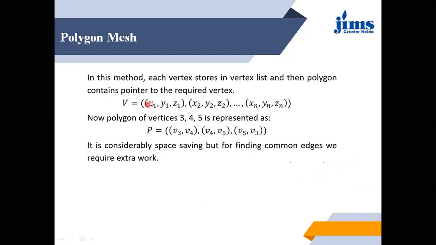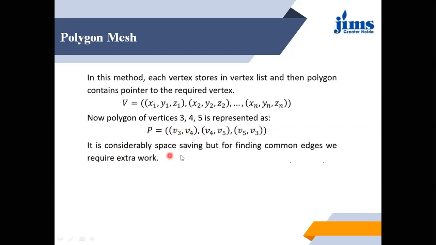In this method, each vertex is stored in a vertex list and then the polygon contains pointers to the vertex list. So first we have to store the vertex, then the polygon contains the pointer to that vertex. Now the polygon of vertices 3, 4, 5 is going to be represented as P = V3, V4, V4, V5 and V5, V3.